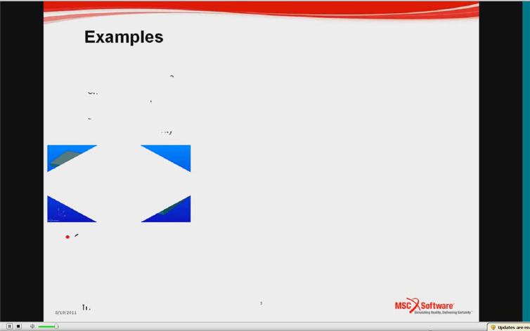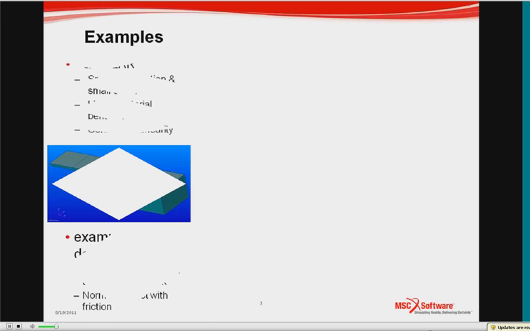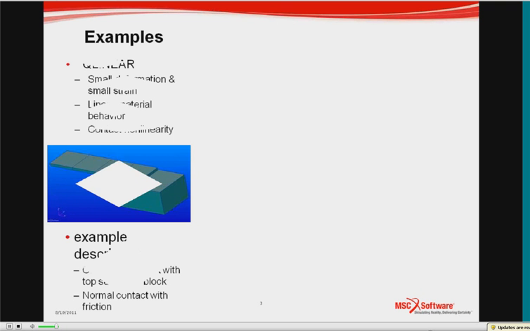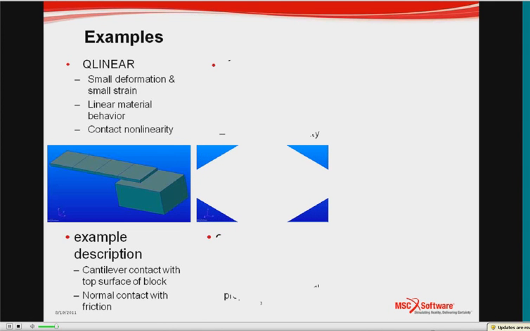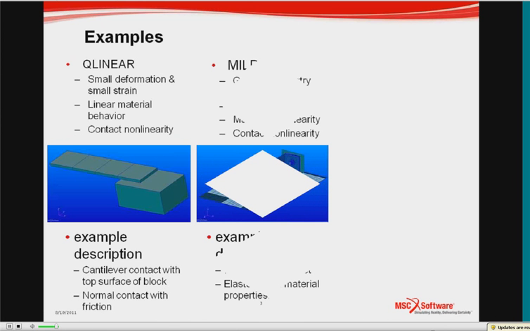In general, if the model only involves the nonlinearity from the contact, and the geometry and the materials are linear, use Q-linear. If the material is characterized by nonlinearity, and maybe also involves some contact nonlinearity, you can use mildly for CTRLDEF.